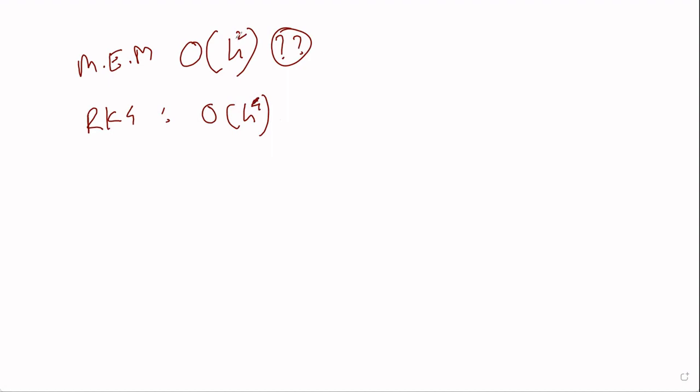So if you halve h in the RK4 method, the error would decrease by basically a 2 to the power 4-fold improvement, right? The error would typically be 1 over 2 to the power 4 times the error if we just halve the value of h, and this would be applicable for every method.